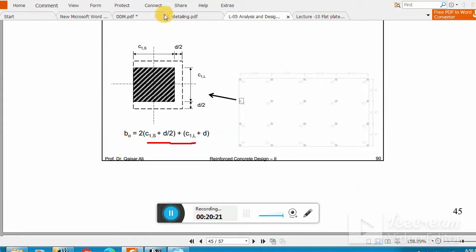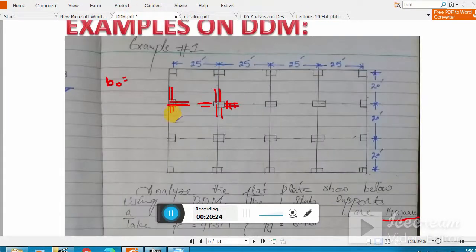Similarly, once you calculate beta naught, you have to use those three equations and find out your phi Vc. You need to find out your Vu. Here Vu is also different. This dimension is 20 feet, sorry, and this one is now 12.5.